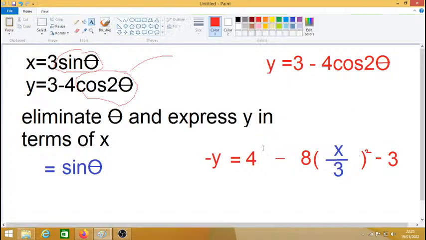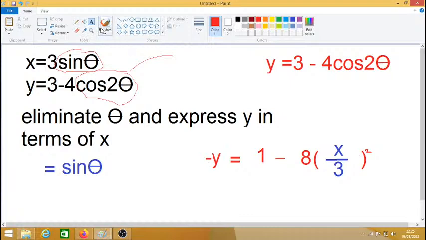There's already a 4 here, so the 4 minus 3 will just become 1. I can combine them. And then I just need to change the sign of everything.